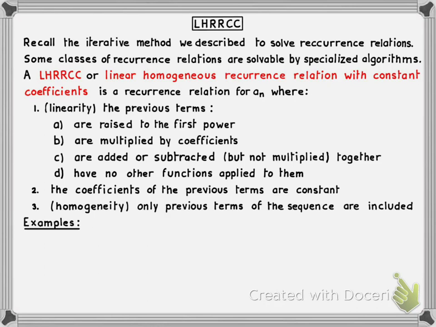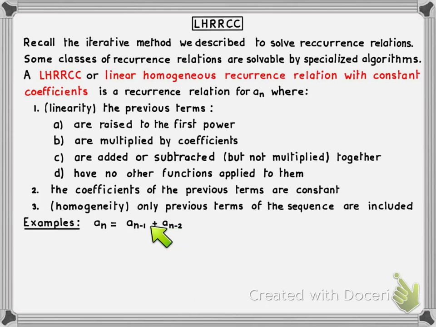Now let's consider some examples. The first one that we've seen before is the recurrence relation that is satisfied by the Fibonacci sequence. So let's check the conditions. A sub n is defined as a function of the two previous terms. These terms are not squared or raised to any power other than 1.